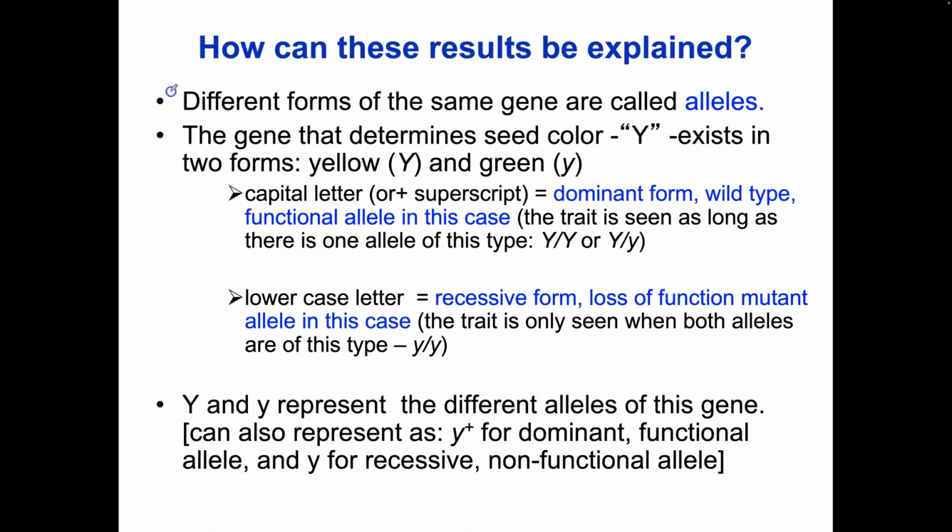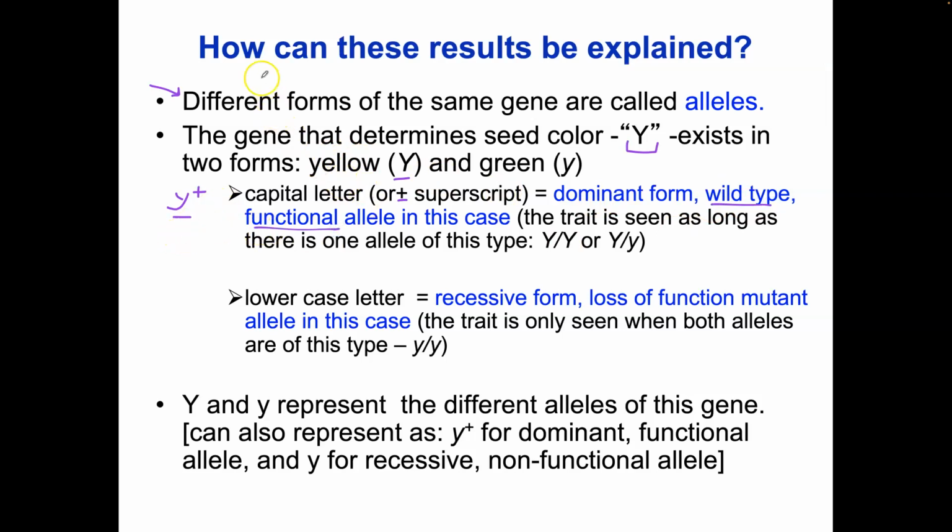Well, first of all, a reminder, the different forms of the same gene are called alleles, and we usually use a capital letter or sometimes a plus superscript. So we could have written the dominant allele this way or commonly this way. And in this case, it's the wild type functional allele.